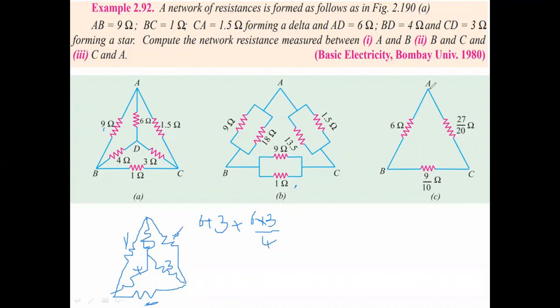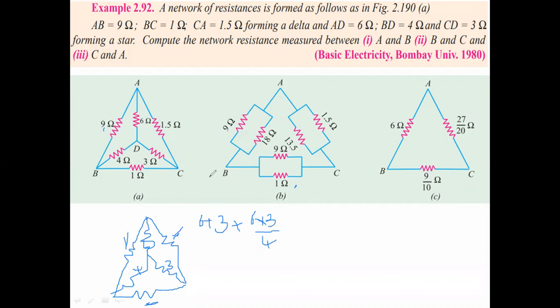For A and B, these two are in series, and the obtained value is in parallel with 6 ohms. Similarly for A and C. Like that we can find the resistance across any two terminals.